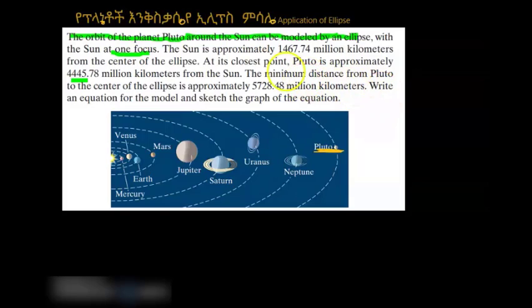The minimum distance from Pluto to the center of the ellipse is approximately 5728.48 million kilometers. So the question is: write an equation for the model, which means for the ellipse in this case, and sketch the graph of the equation.